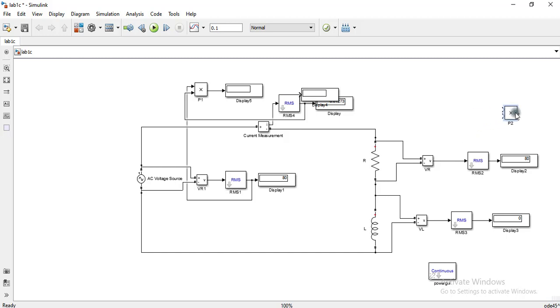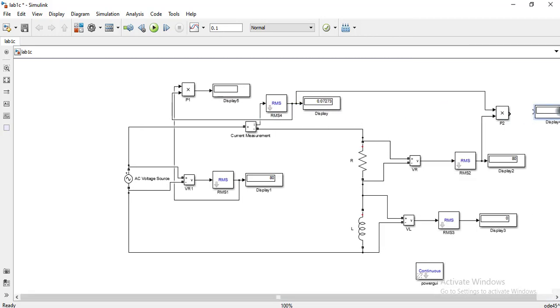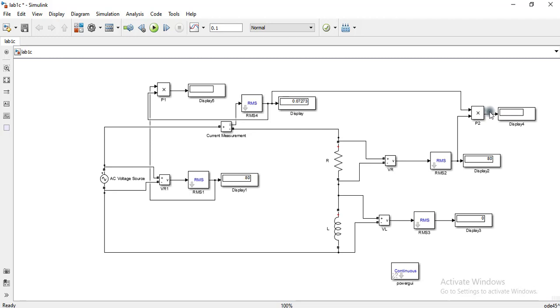I need RMS voltage. So voltage here and current here. Then display. Okay, now let's run it again.